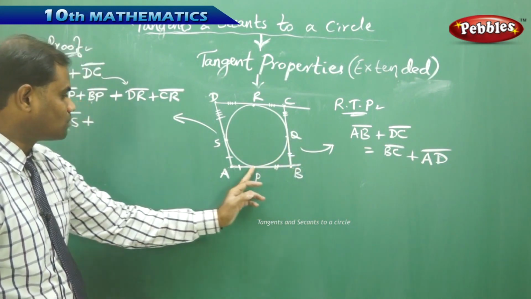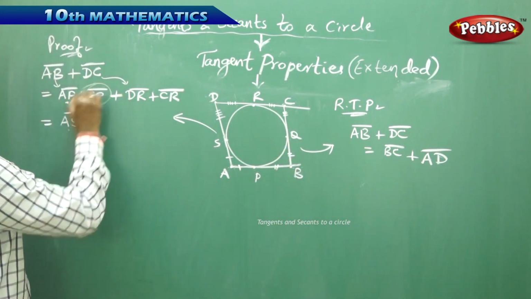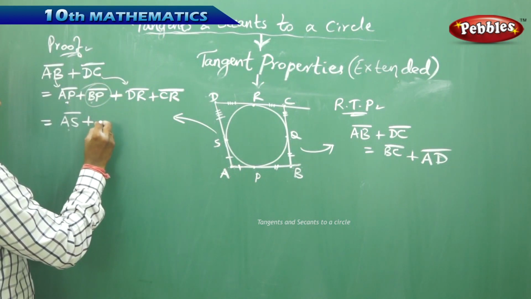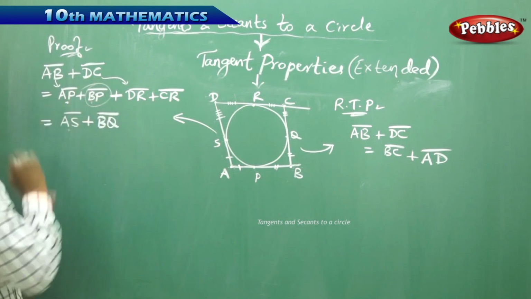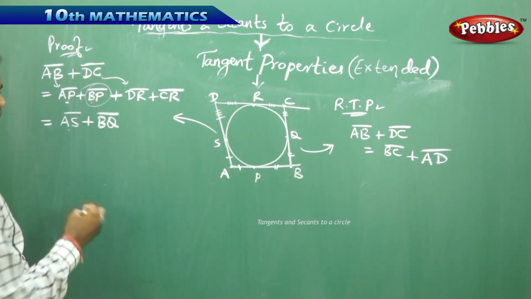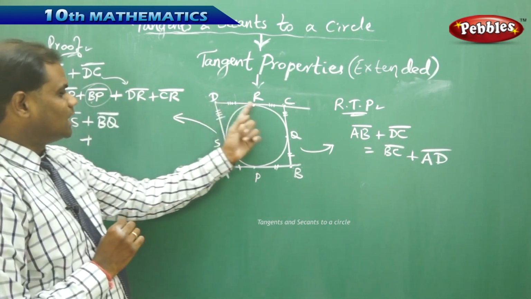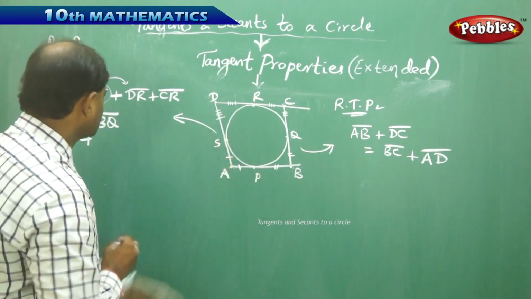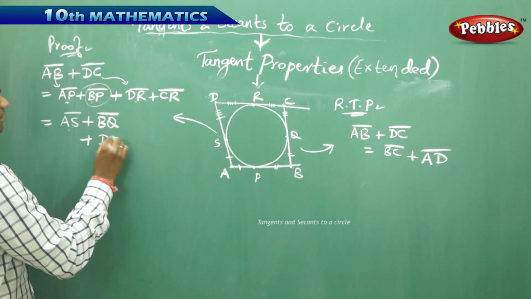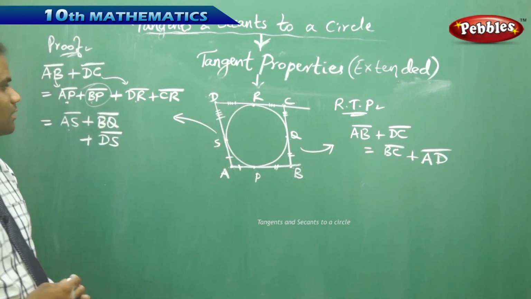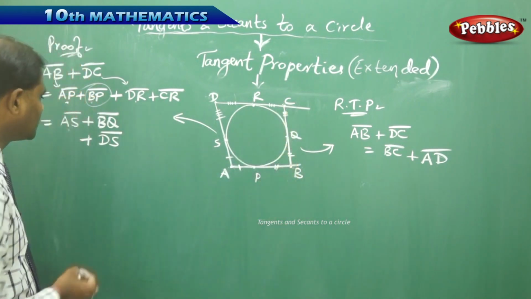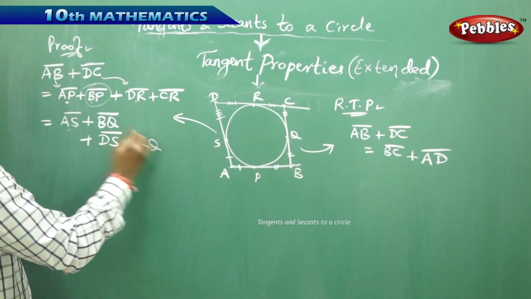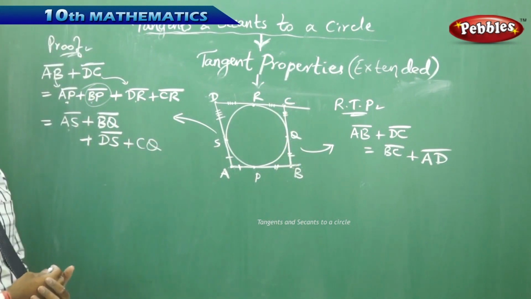So instead of BP, I write BQ. Similarly, DR is equal to DS, therefore in place of DR, I write DS. And lastly, CR is equal to CQ, so I write CQ, for each of the properties.